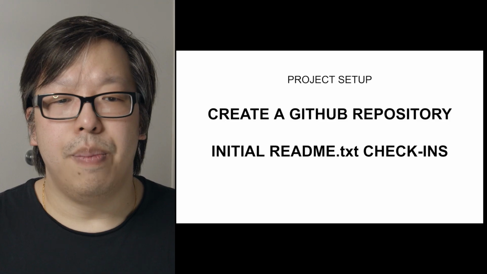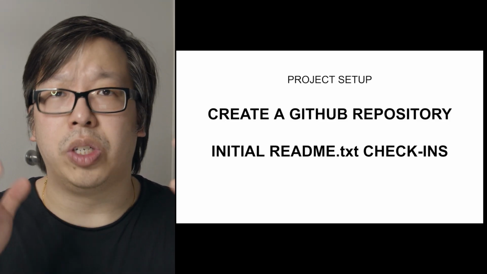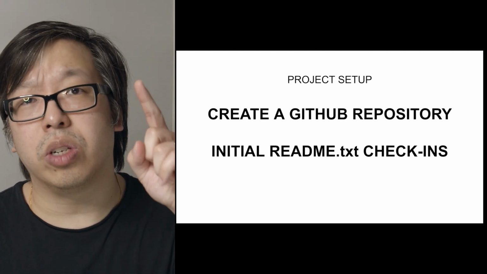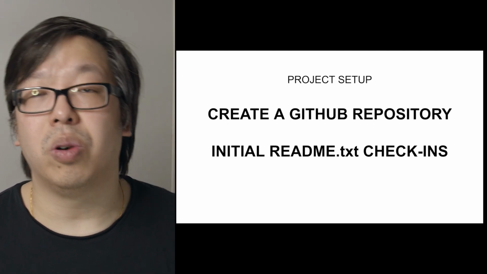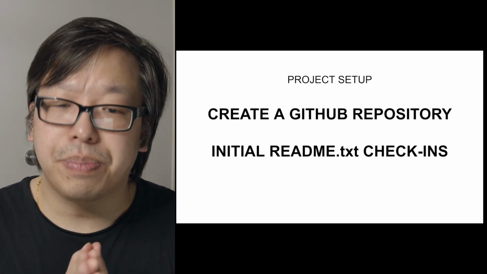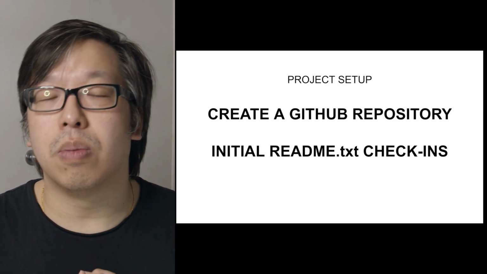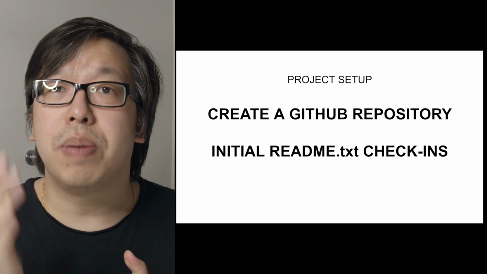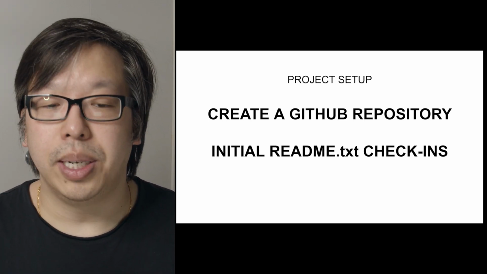Okay. So when it comes to the project setup, you're basically going to start with two major things. The first thing you're going to do is create what we call a GitHub repository. Git and GitHub are going to be something that you're going to learn about very shortly. But you're going to create a GitHub repository.